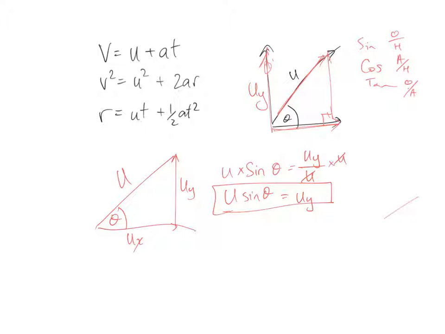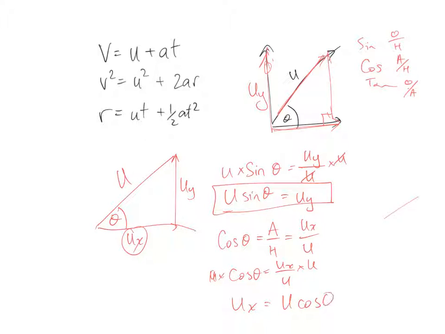We can also do the same for the ux part of our equation. So we want cos of theta equals adjacent divided by hypotenuse, which is ux over u. Cos theta equals ux over u. If I rearrange that and multiply both sides by u, I get ux equals u cos theta.